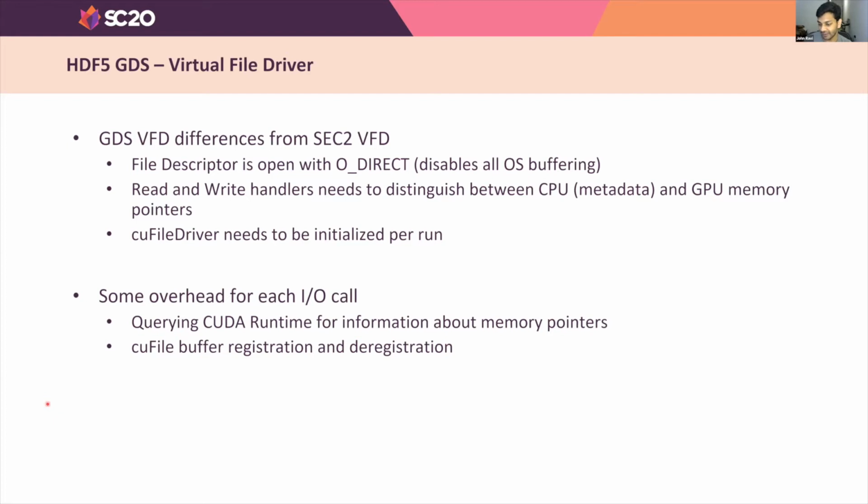So if you're using the same buffer over and over again, you can avoid doing this translation at every IO request. Currently, I don't implement this reuse concept with this VFD, but that's another reason why there's some overhead with this implementation.